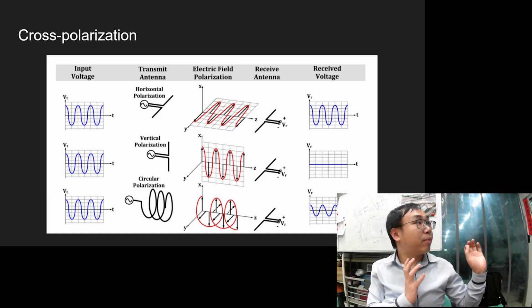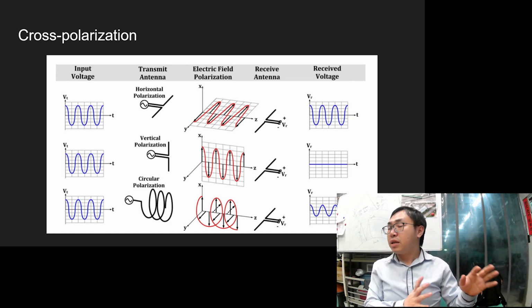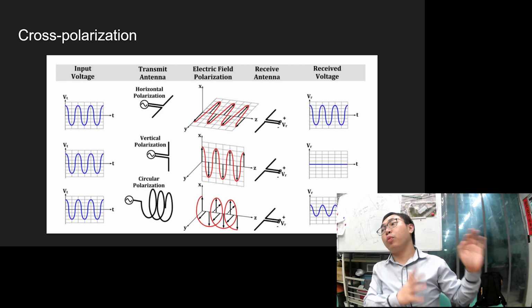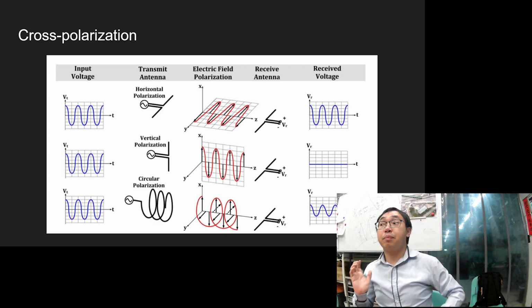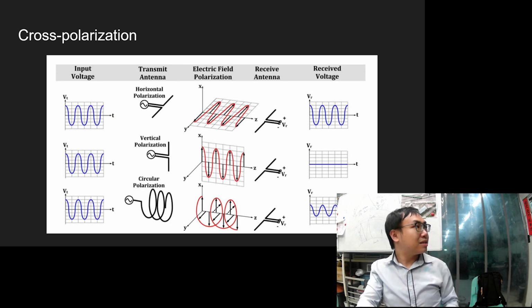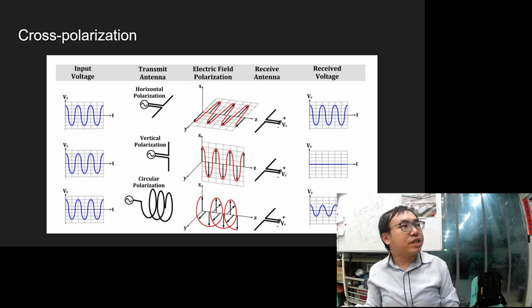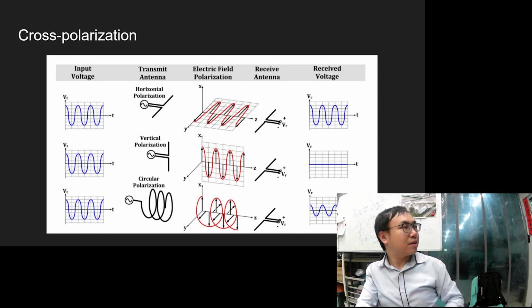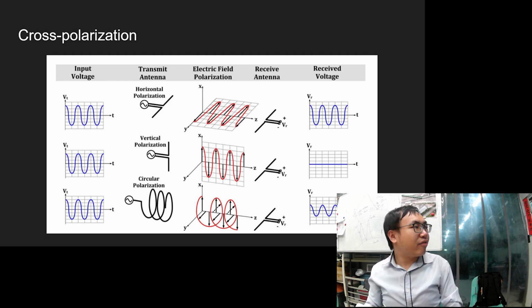Sometimes horizontal polarization is the best for signal transmission, but we may not use it every time. For TV signals, they already use horizontal polarization, and we don't want to interfere with that, so we will use vertical polarization to ensure there's no interference with the TV. So it's just case by case.